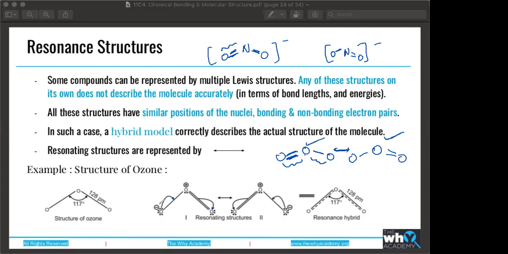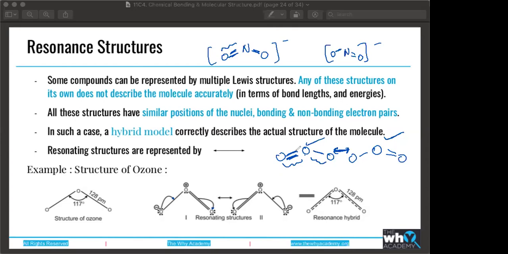That's going to attract one of the lone pairs towards itself. So here you have 3 lone pairs of electrons, here you have a double bond, and that keeps shifting continuously. So these two individual structures, we say both of these structures exist in resonance with each other.